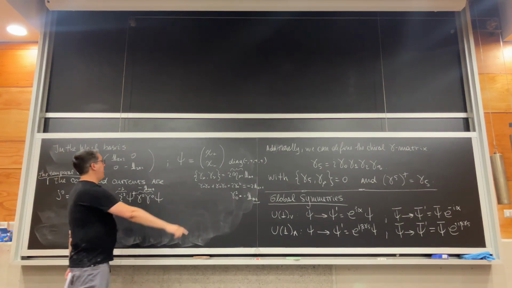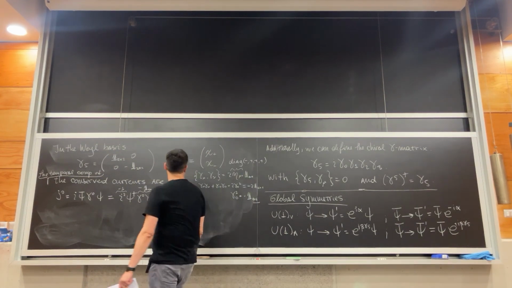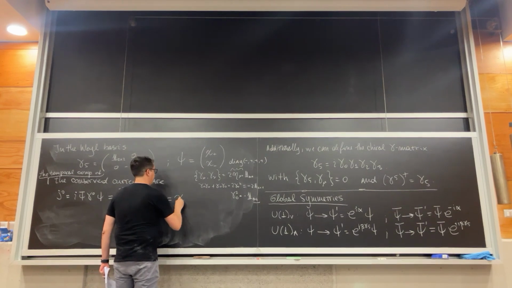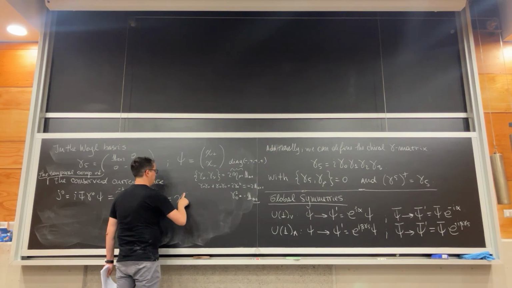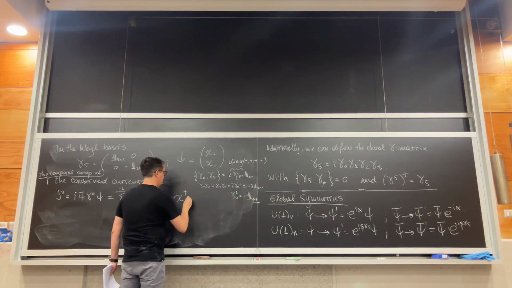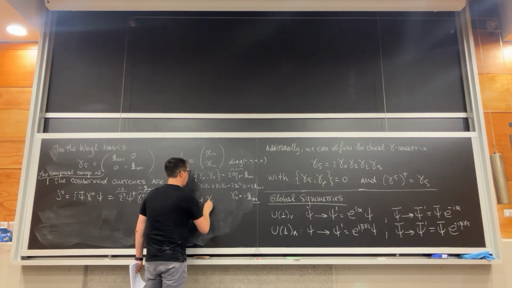And using the chiral basis for the Dirac spinors, you will see that this is χ†₊χ₊ plus χ†₋χ₋.